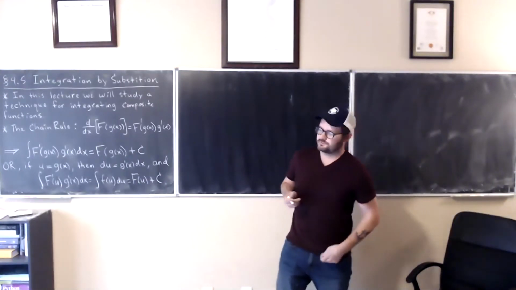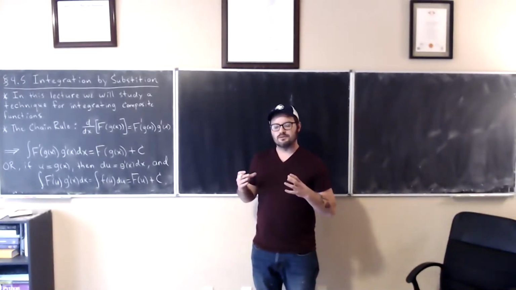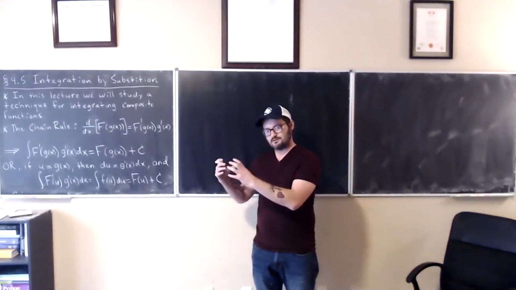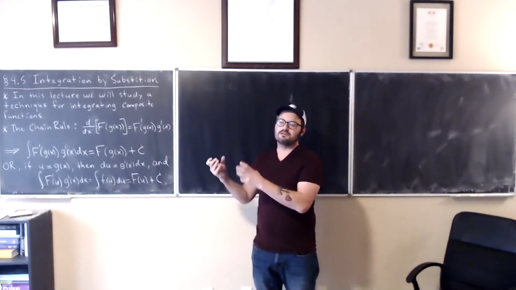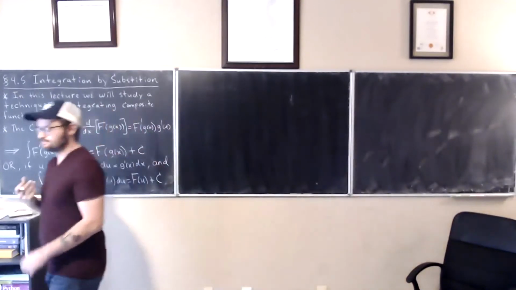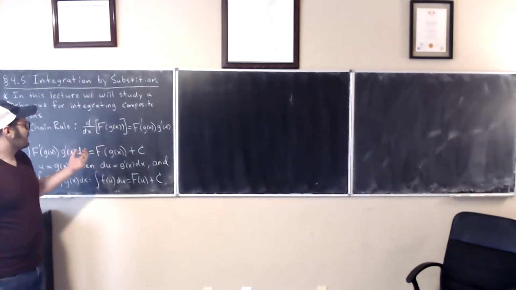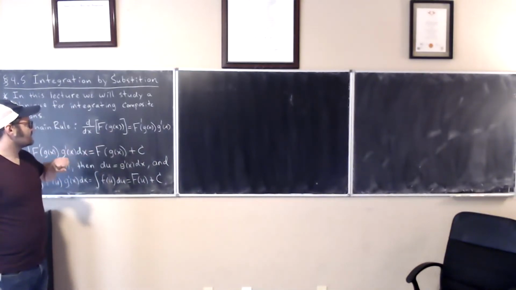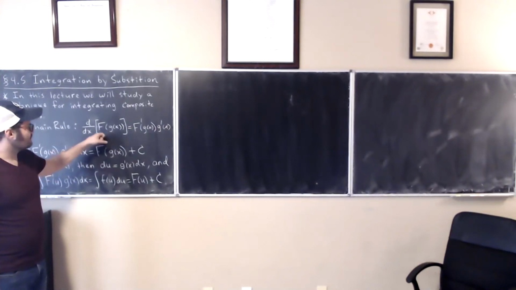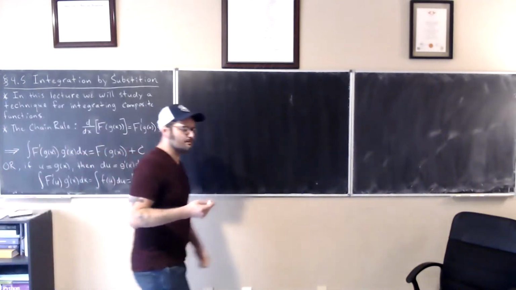So if you're considering a function that you want to take the antiderivative of, and that function is itself a composite, then you need to recall the chain rule. Recall that if you have some function f composed with g of x, then the derivative of this composite is the derivative of the outside times the derivative of the inside.